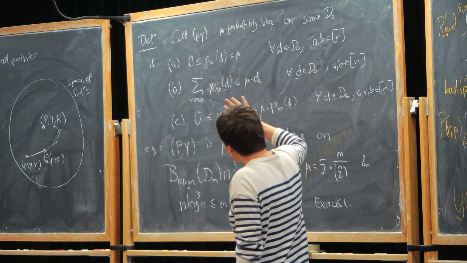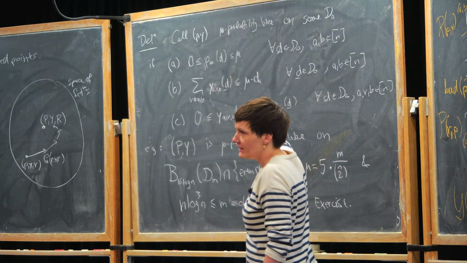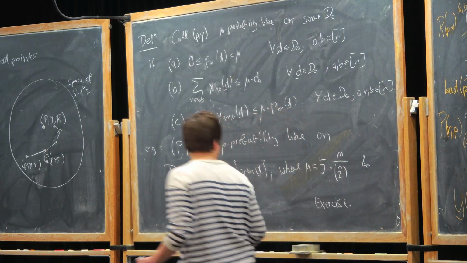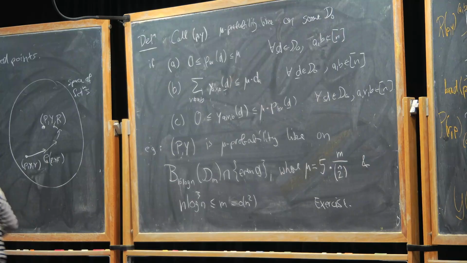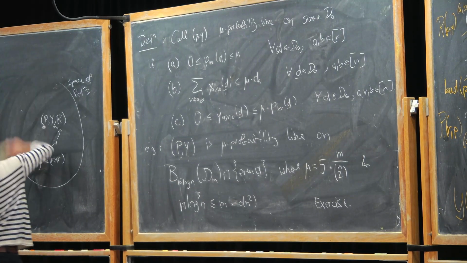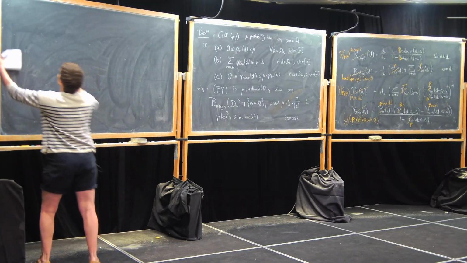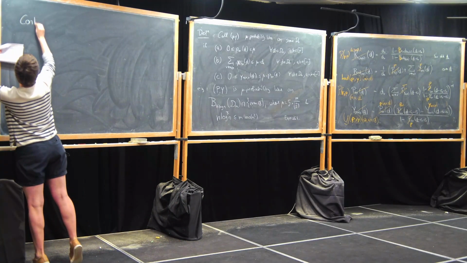And this definition is exactly what lets us claim that these are sort of contractive. So let me be precise about what I mean by that. Okay, so this is the contraction lemma.